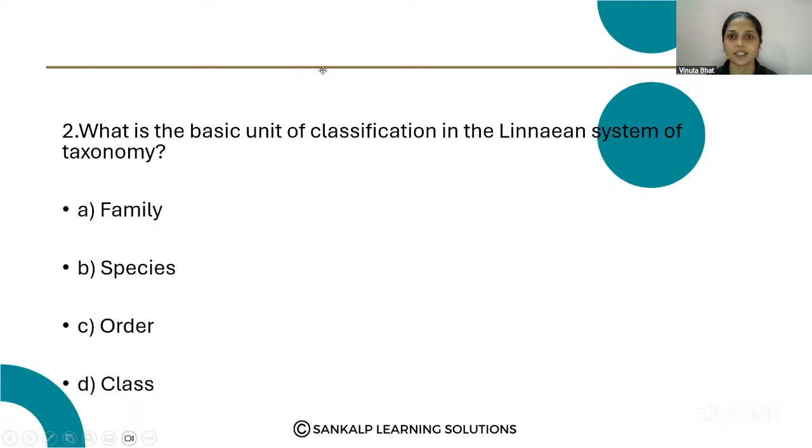Basic unit of the classification. Yes, the correct answer is option B, species. That is the basic unit of classification of the Linnaean taxonomic hierarchy.